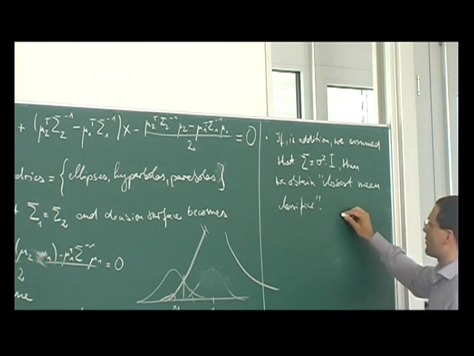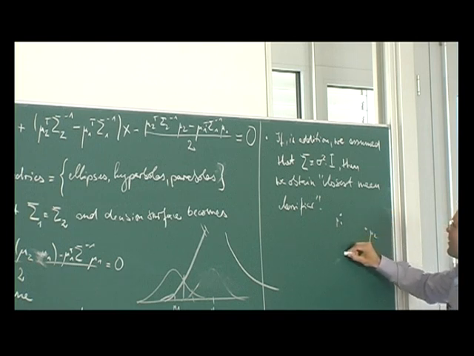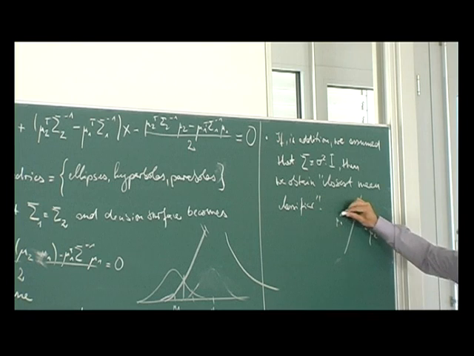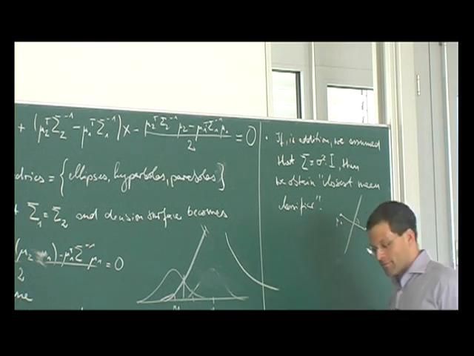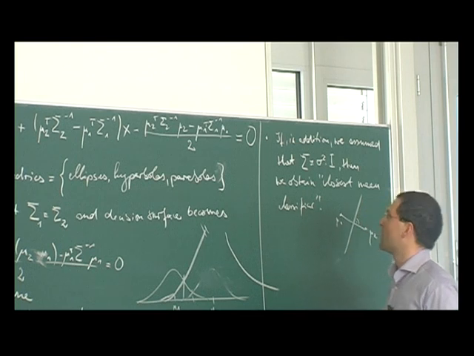Okay, so we estimate a mean for one class, we estimate a mean for the other class, we assume the prior probabilities are the same, and then the decision boundary we would get is just the line that lies orthogonal to the shortest connection between these two. So that's an even stronger simplification.